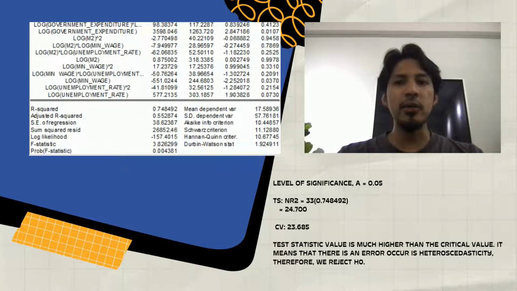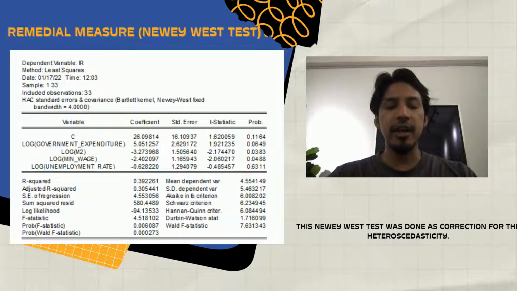The tested value is much higher than the critical value. It means that there is heteroscedasticity. Therefore, we reject the null hypothesis. Because there is heteroscedasticity, a new test was done as correction to the heteroscedasticity.